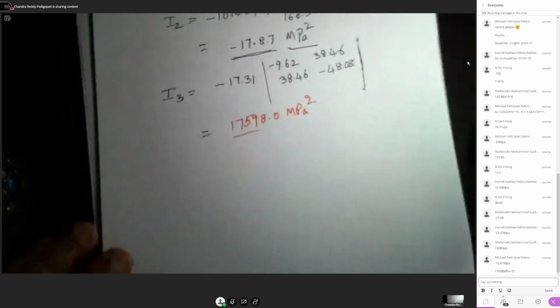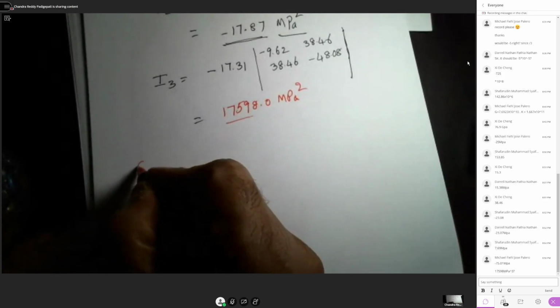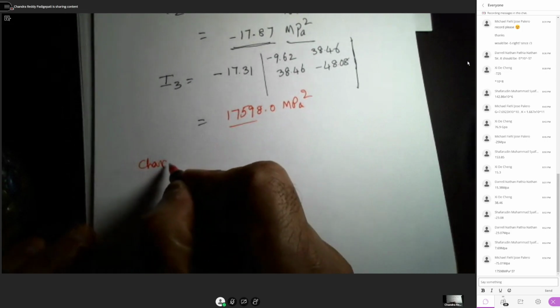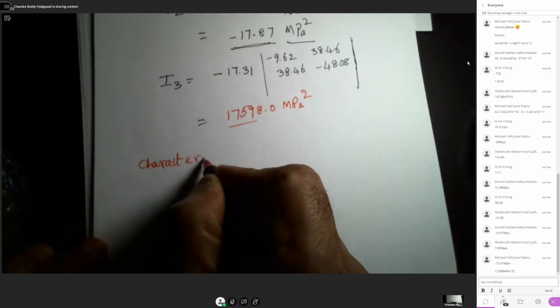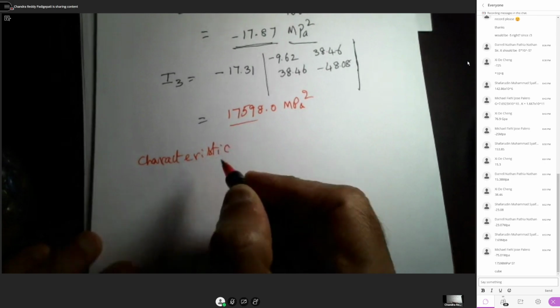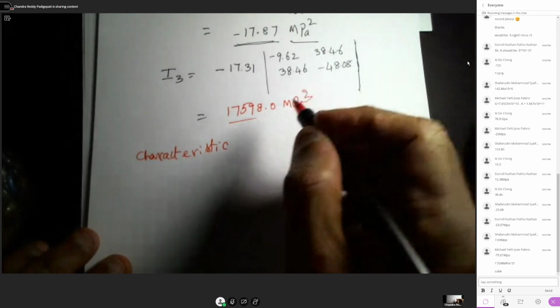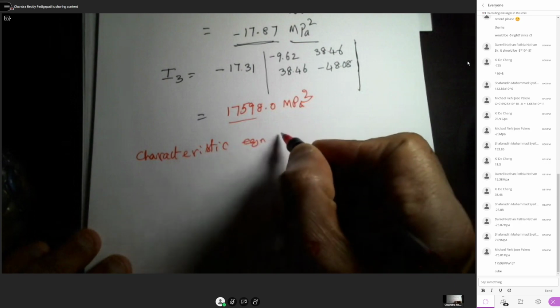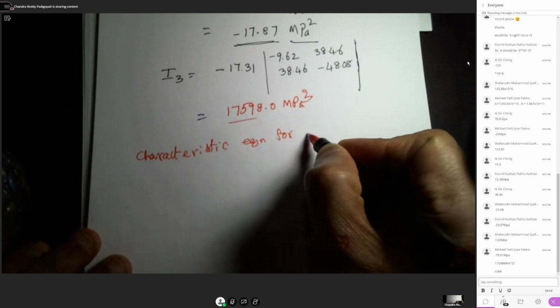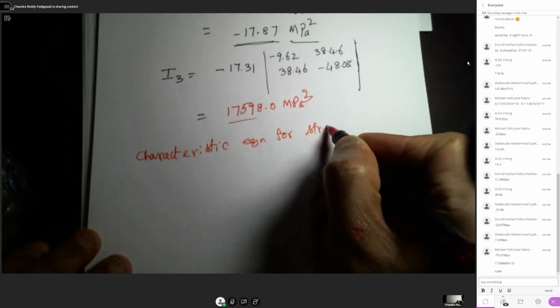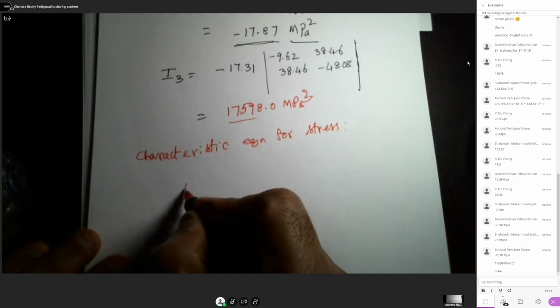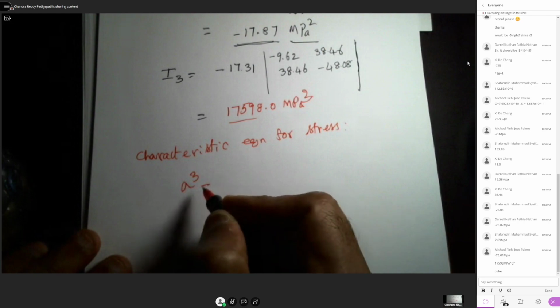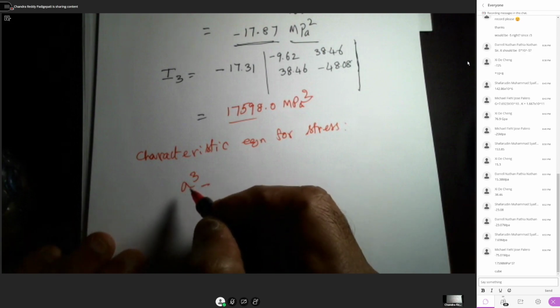So then you can write the characteristic equation for the state of stress. Sigma cube minus I1 sigma square.